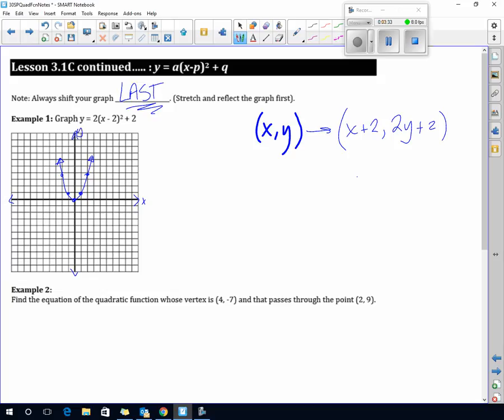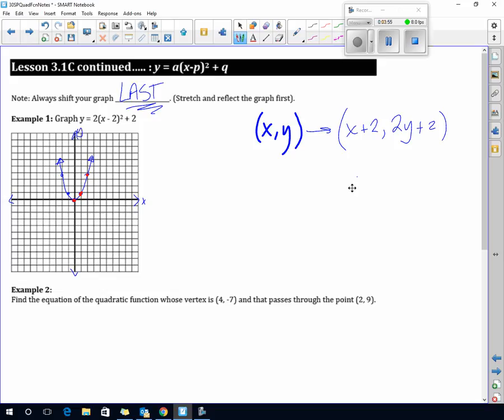So what's going to happen here? What's happening first? We're going to stretch it first. Okay, so the height of 0 gets doubled. What is it now? 0.